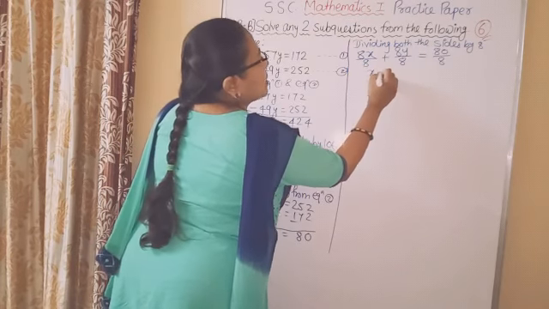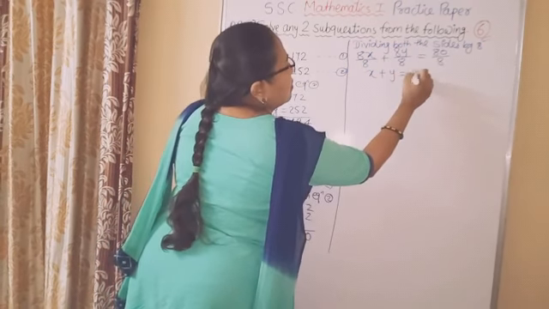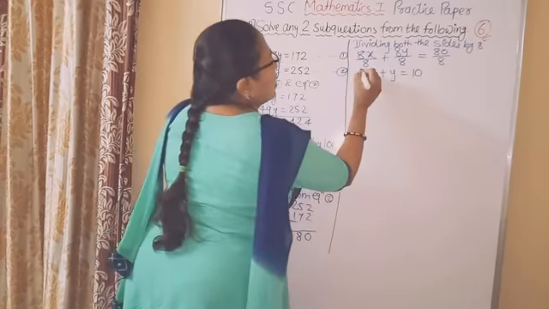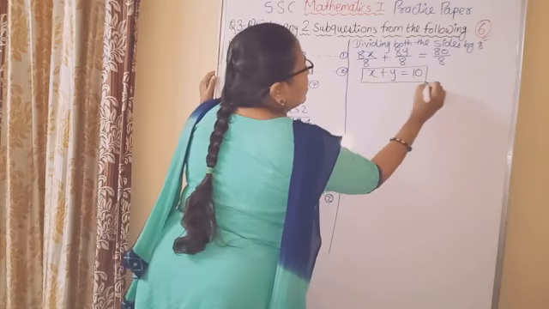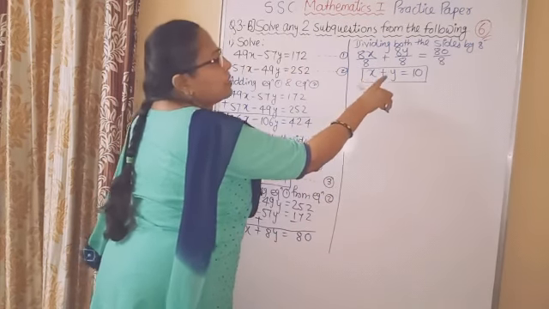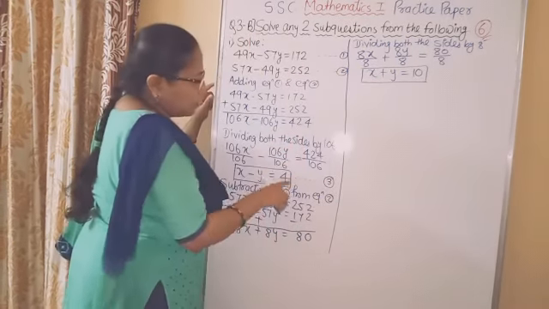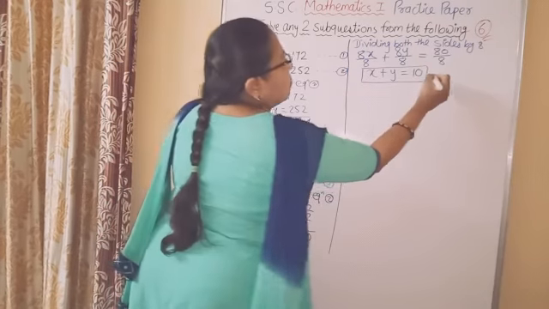So here you will get x plus y is equal to 10. Again here we got the second simple equation, x plus y equal to 10. Here give next equation number 4.